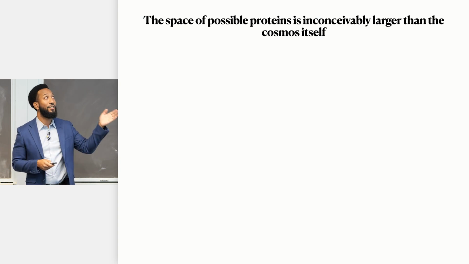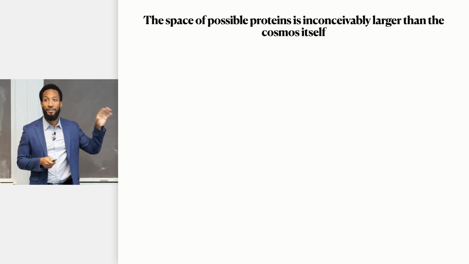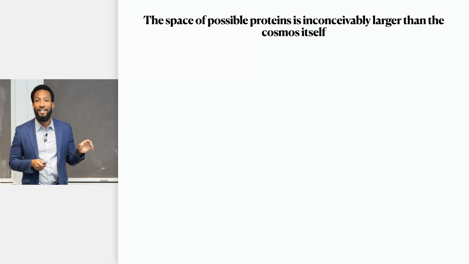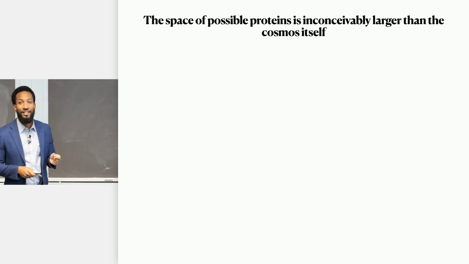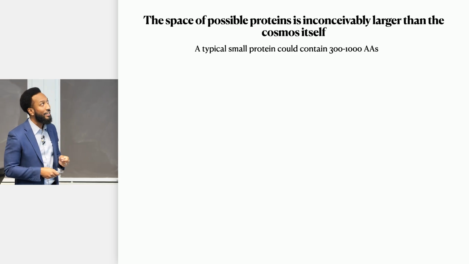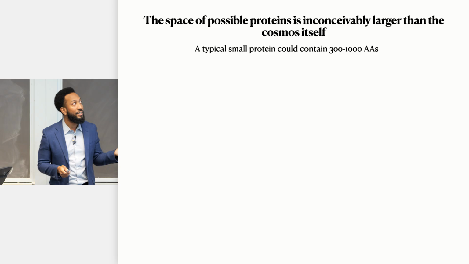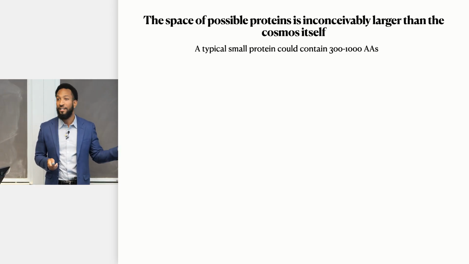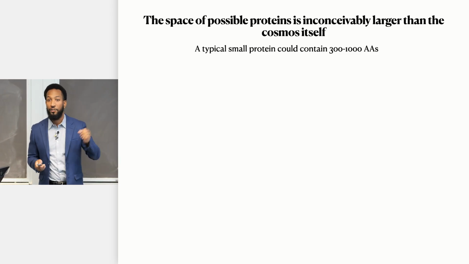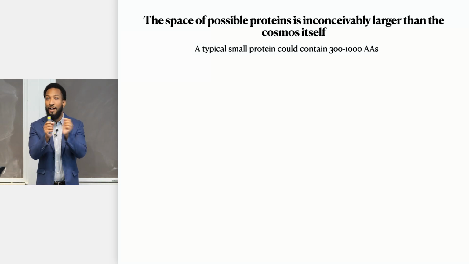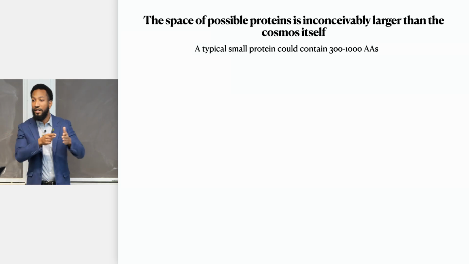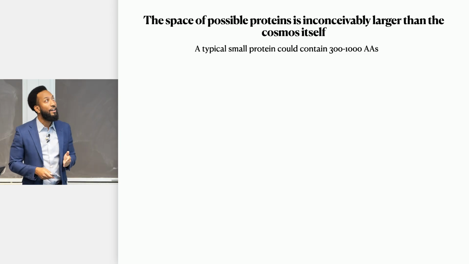I'll do a few back of the envelope calculations to show you that it's actually larger than the number of atoms in our universe. That's how big this design space is. A typical protein size could be 300 to 1,000 of those amino acids I just showed you. It's the same 21, but some combination of them, 300 to 1,000 in a row.